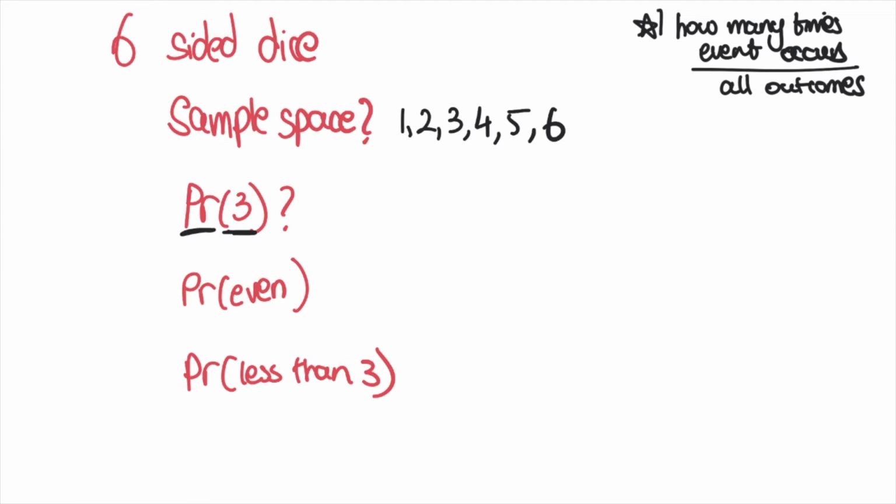Now remember, this is our probability calculation. How many times an event occurs goes at the top. So how many times does a 3 appear? Once. Over all the outcomes. How many outcomes are there altogether? 1, 2, 3, 4, 5, 6. 1/6. Done.